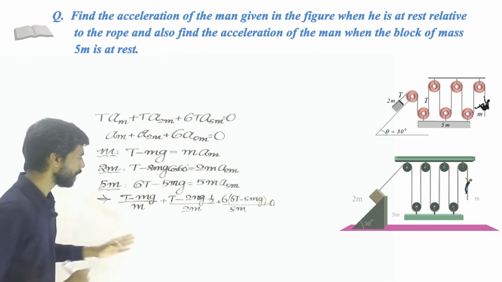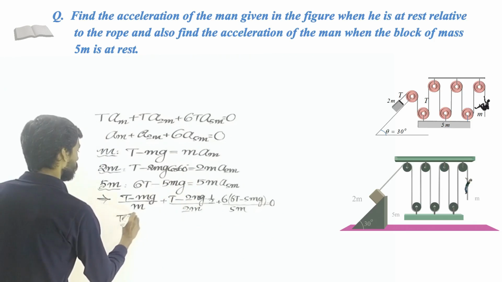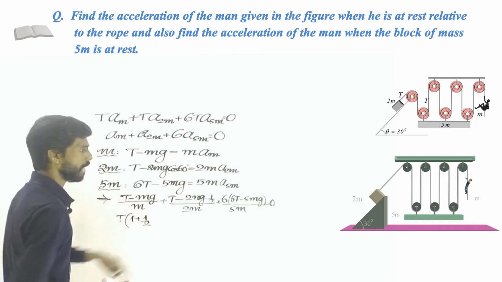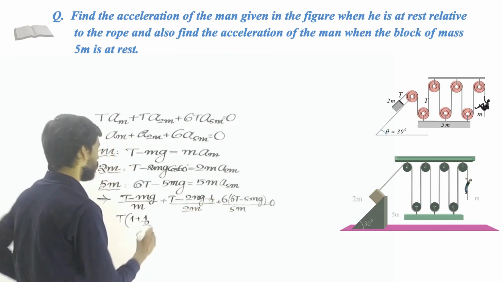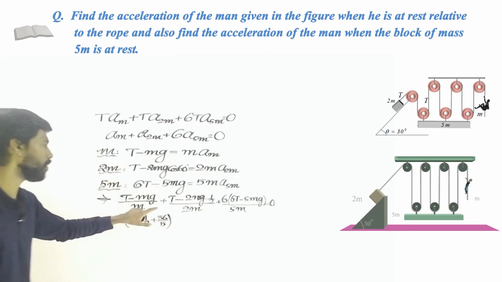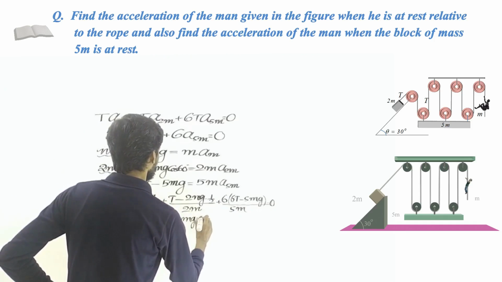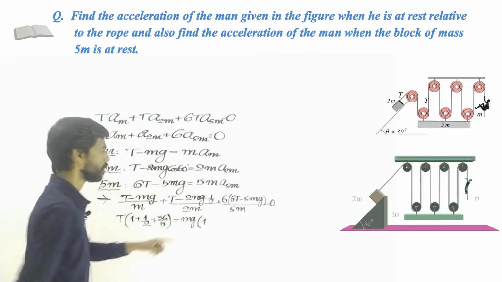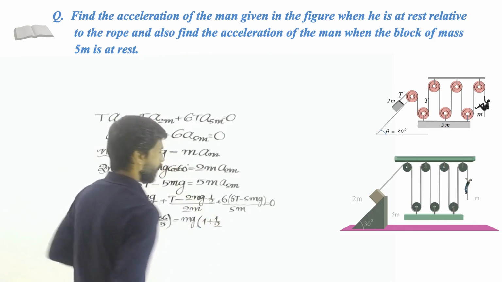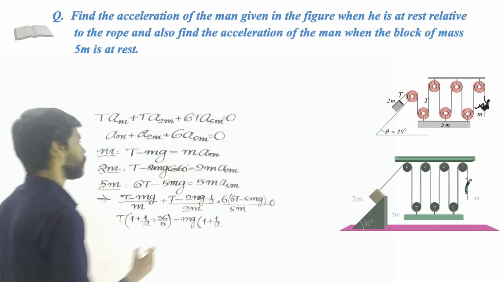Let us multiply by m. So if you take T out, it becomes 1 plus 1 by 2 plus 36 divided by 5. Similarly, if you take mg, that equals mg multiplied by 1 plus 1 by 2 plus 6, since the 5 gets cancelled.